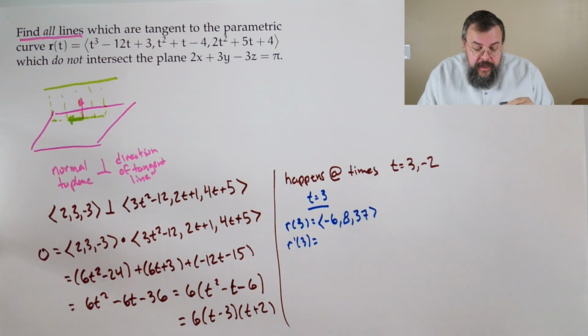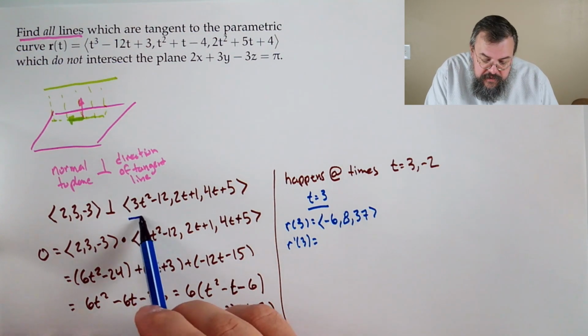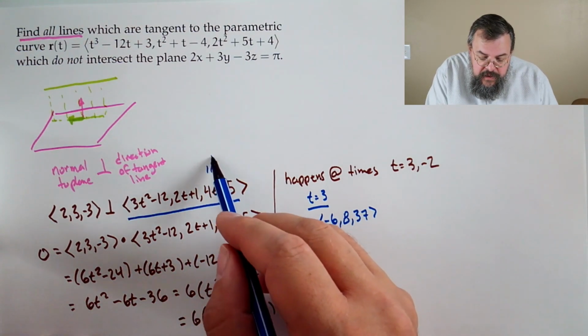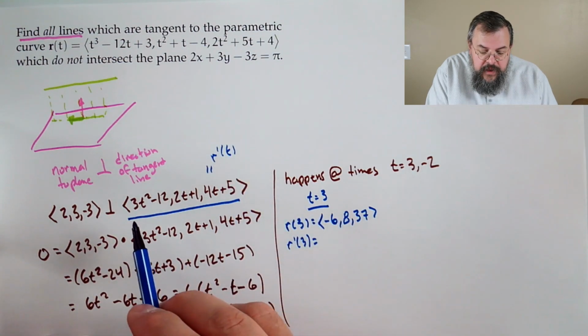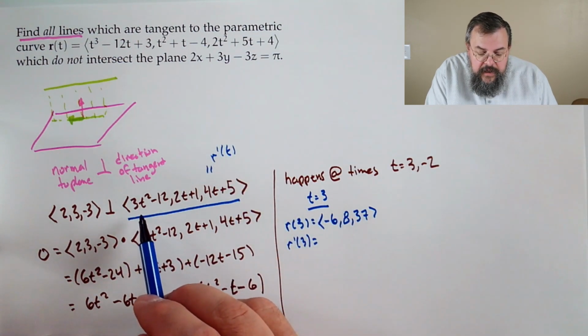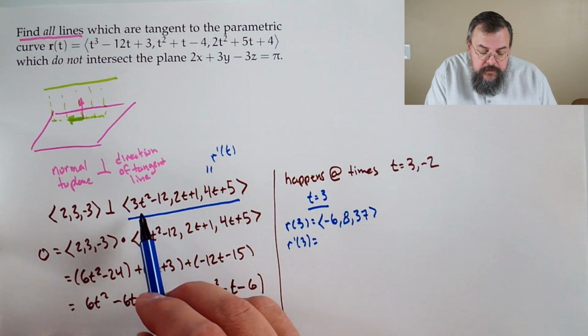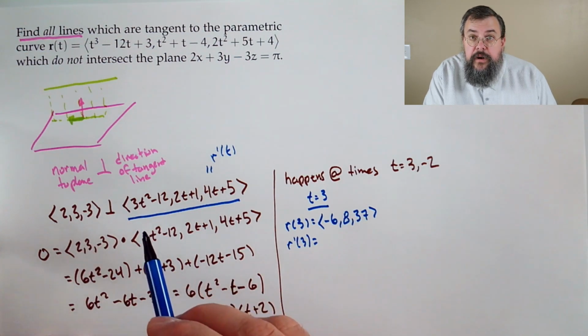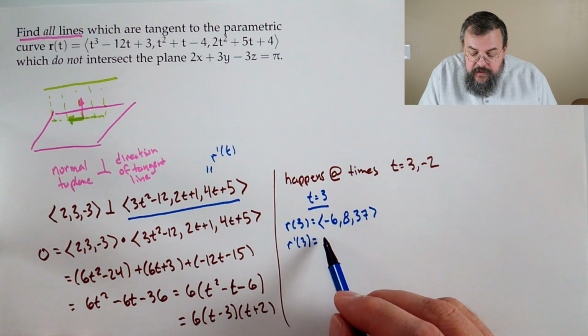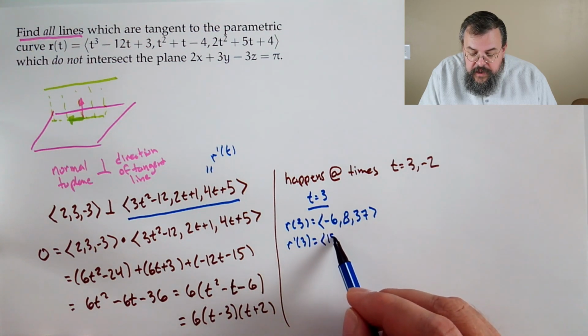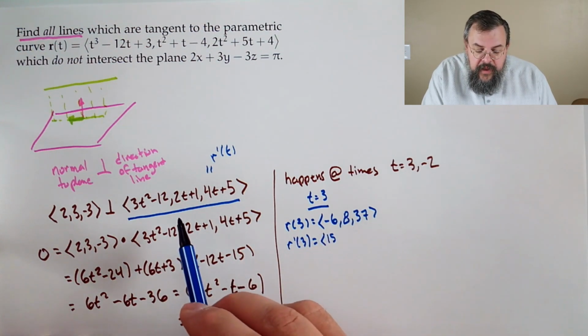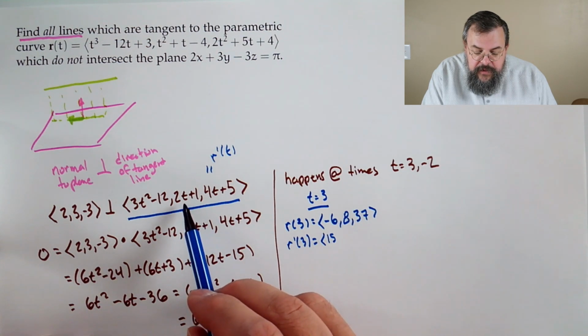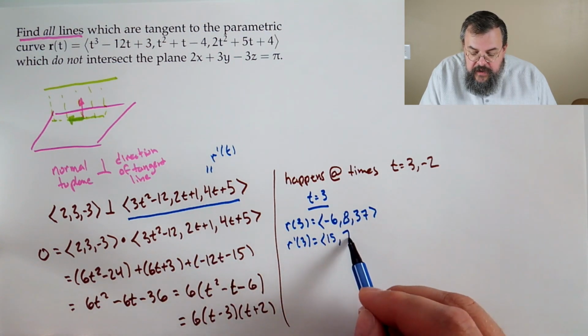Now, what's next? Well, we need r prime of 3. See, this is r prime, so we plug 3 in. 3 times 9 is 27, and then minus 12. 27 minus 12 would be 15. Then 2 times 3 is 6, plus 1, 7.